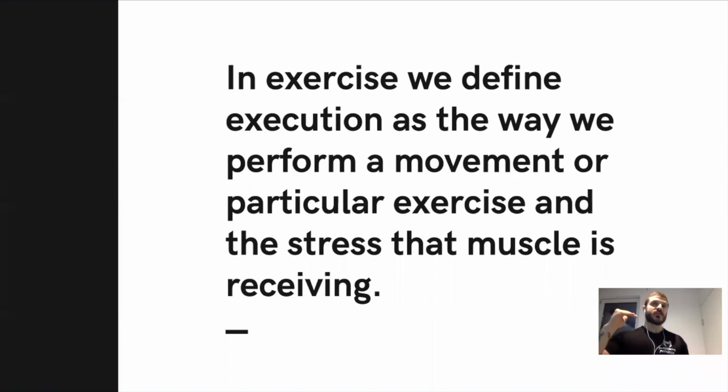There are three things that we need to consider, think about, and perfect to make sure that we can get the right volume and the right muscle stimulation. And the first one is exercise execution, right? So again, it is the way we perform a movement or a particular exercise.